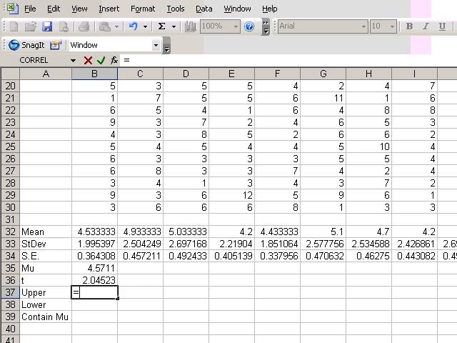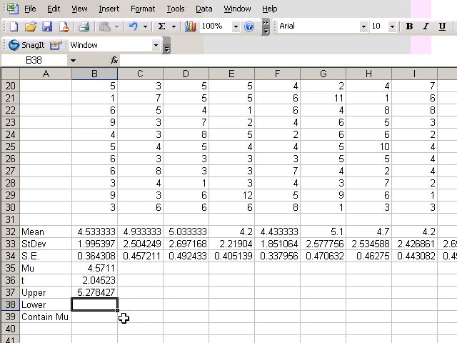The upper limit will be equal to the mean plus t times the estimate of the standard error, and t will be fixed with an F4 so that we will always be using the same t-value.